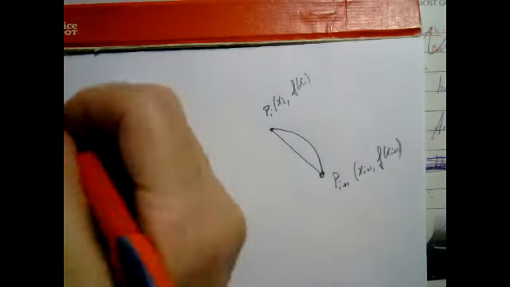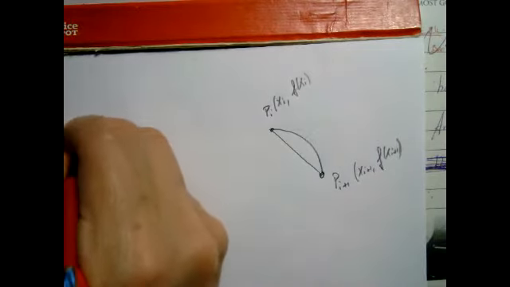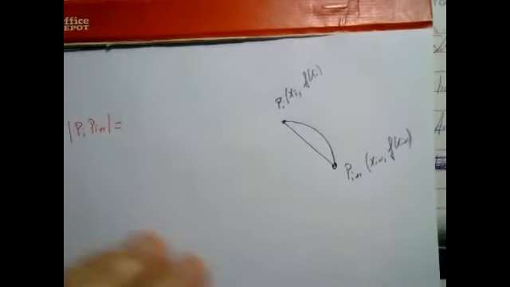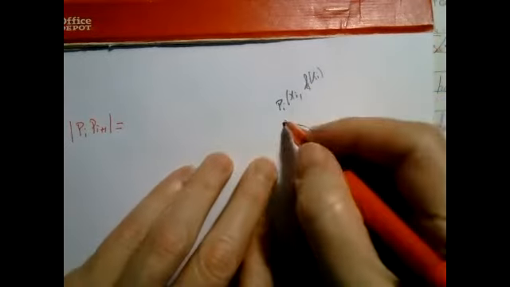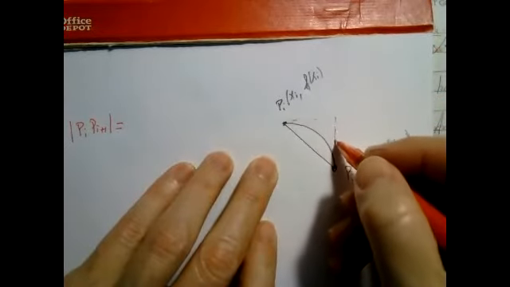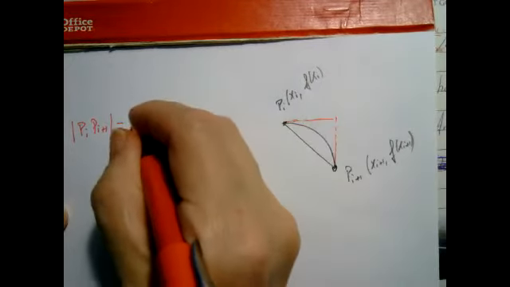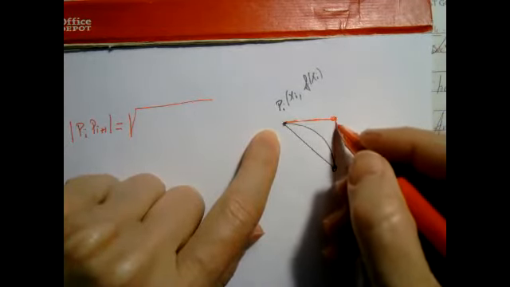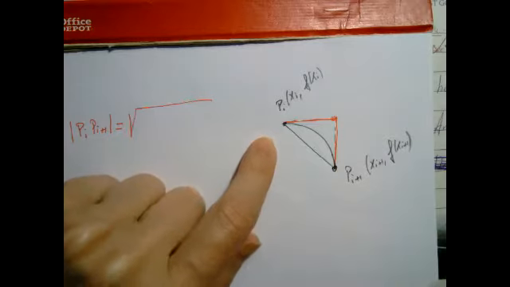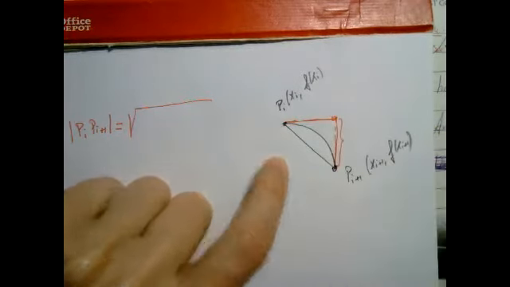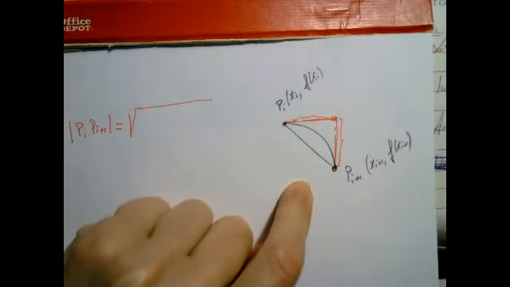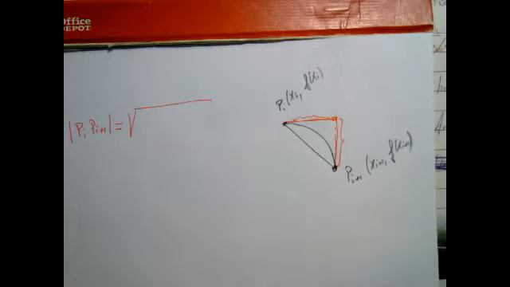Okay, let me compute this. What's the length of Pi Pi plus 1? Is equal to what? I'm going to use the Pythagorean theorem. The length is, by the Pythagorean theorem, the square root of the side from here to here plus this. How much do we have from here to here? And how much do we have from here to here? Anybody?